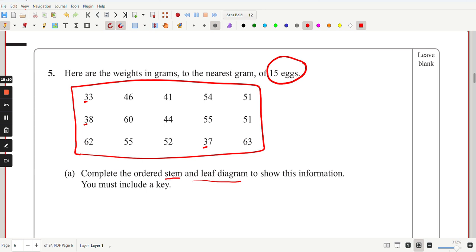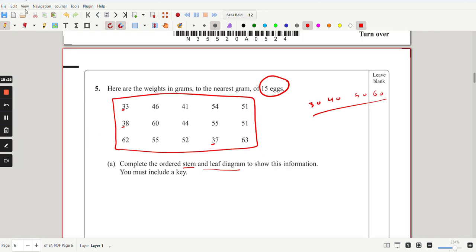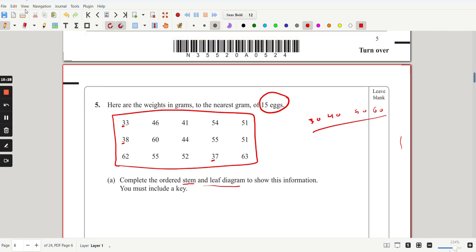Then we have 4, then next we have 5, then we have 6. So 30, then 40, then 50, then 60. Okay, now here, the stem and leaf diagram.